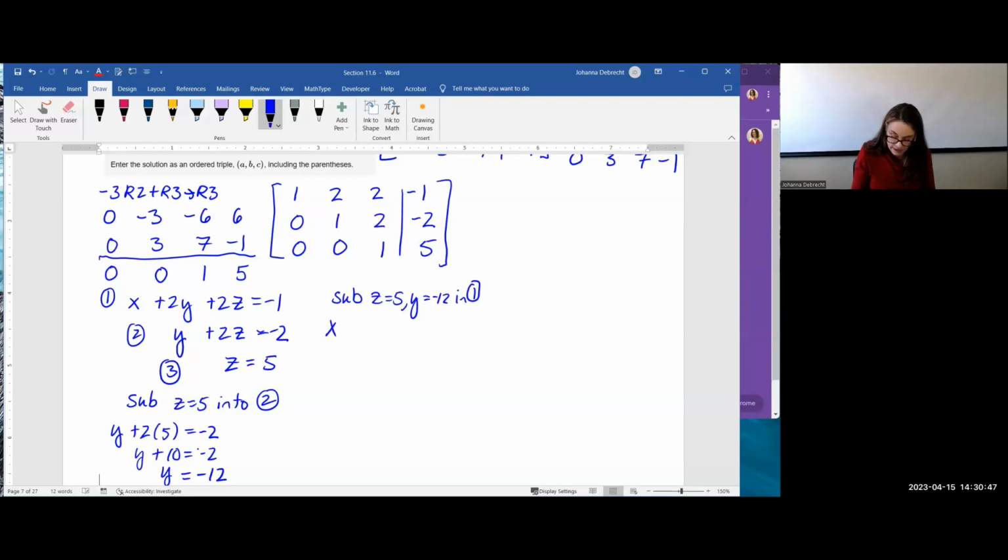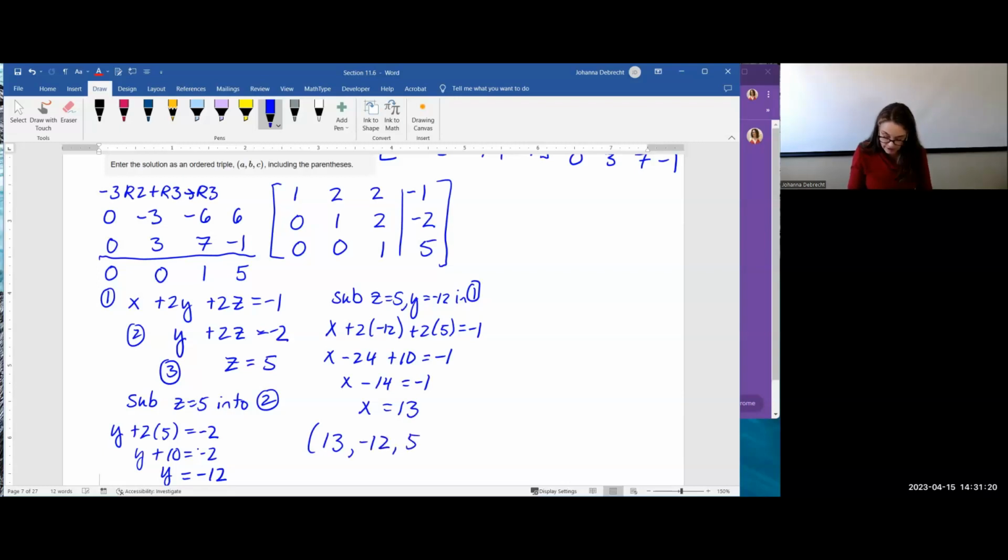So this would give me x plus 2 times -12 plus 2 times 5 equals -1. So this gives me x minus 24 plus 10 equals -1. So I would end up with x minus 14 equals -1. When I add 14, I get x equals 13. So my ordered triple in order is 13, -12, 5.